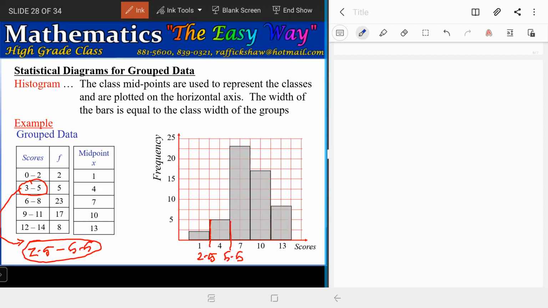The data in that group is that wide, and the frequency is 5, so it comes to a height of 5, matching the 5 out here. So the width of the bar matches the width of the data that can fit in it from boundary value to boundary value. The bars of the histogram match the boundary values of the data.